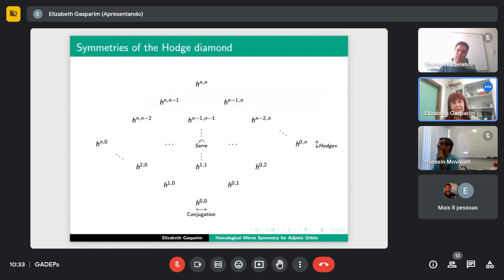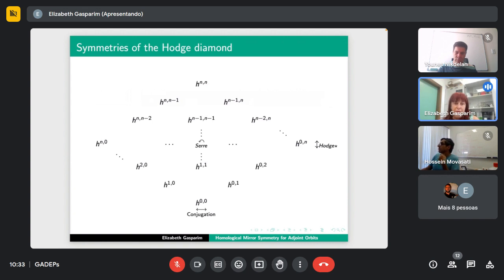So let's go with the Hodge diamond, because I want to talk about some type of mirror symmetry. So the first thing I need to say is, what's the mirror? So that's my first objective.